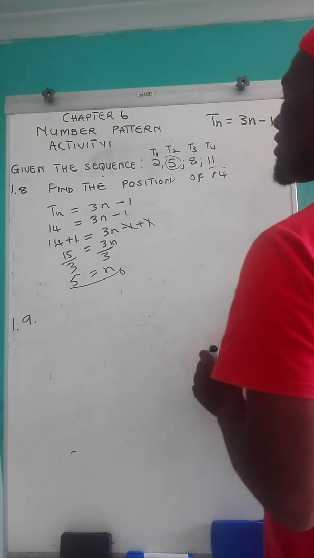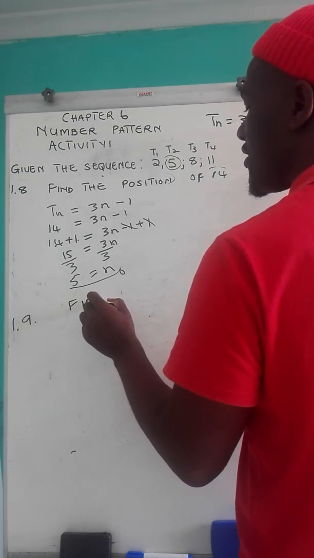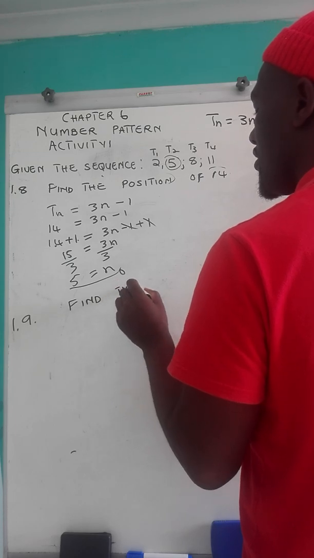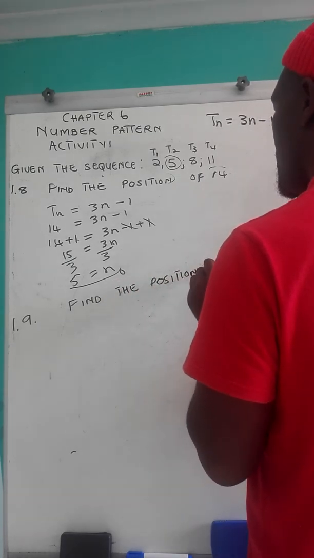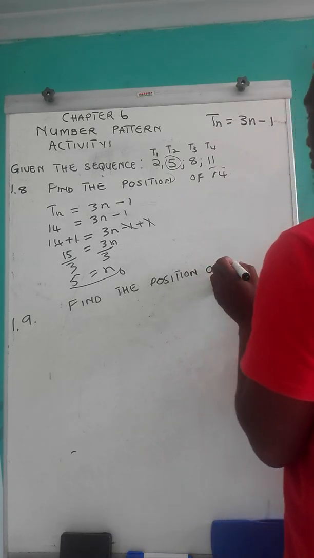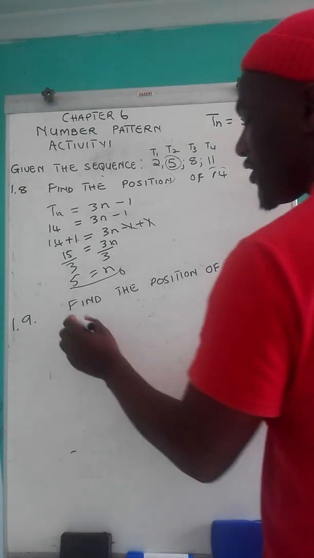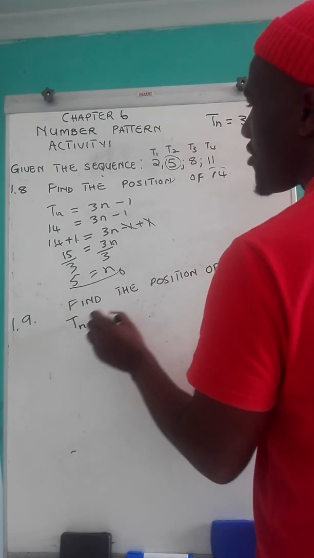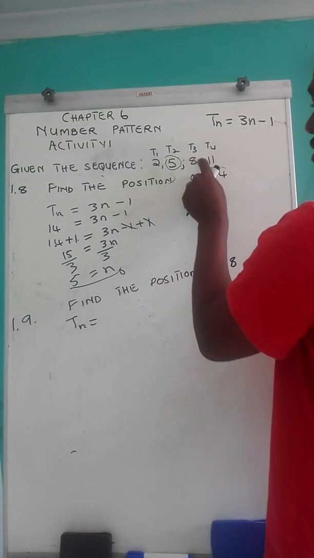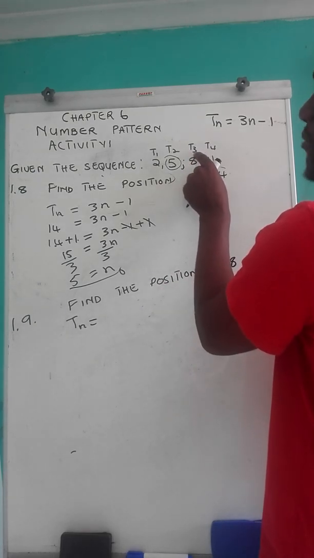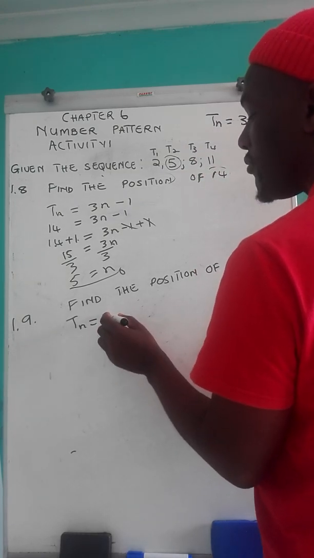1.9. Find the position of 8. You know the position of 8 is number 3, but you need to prove that using the general formula.